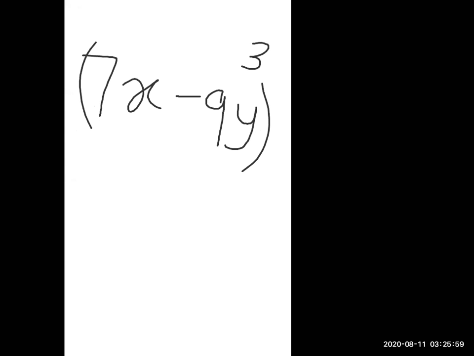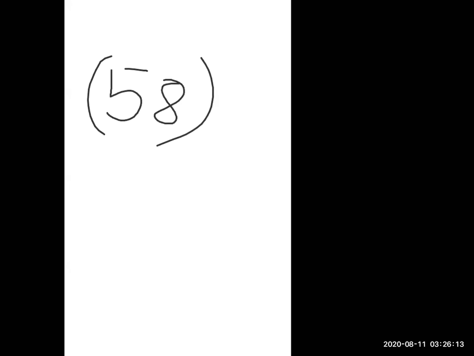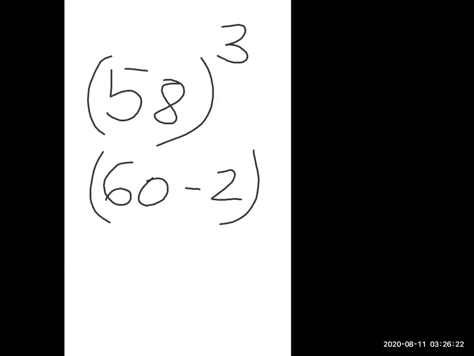Now I hope you have understood. Now the last question of this practice set is 58 whole cube. I have explained that 58 means this is a minus sum. So you will write 60 minus 2 the whole cube. 58 whole cube means it is 60 minus 2, since 60 minus 2 becomes 58.